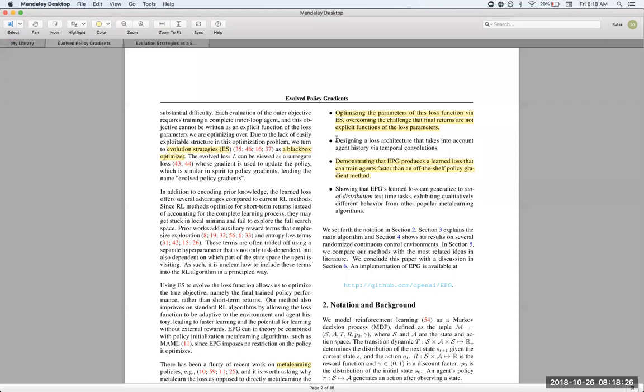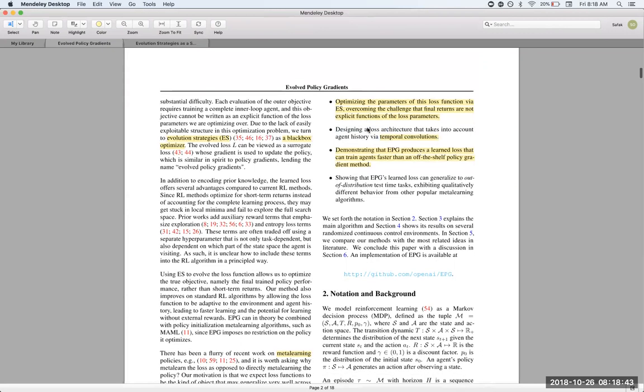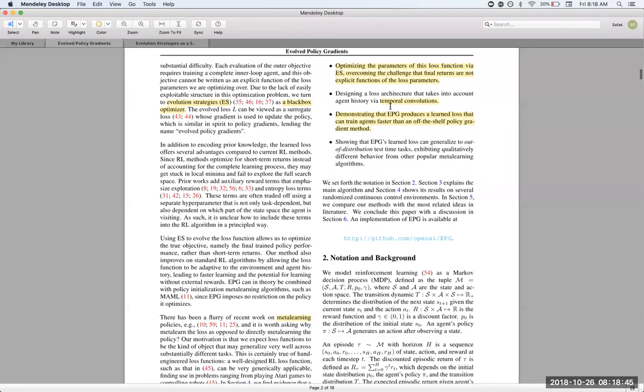And also the loss function has a particular architecture that takes into account the agent's history via temporal convolution. So it's kind of like an RNN thing happening, temporal convolutions. Okay, we'll come back to this in the next section.